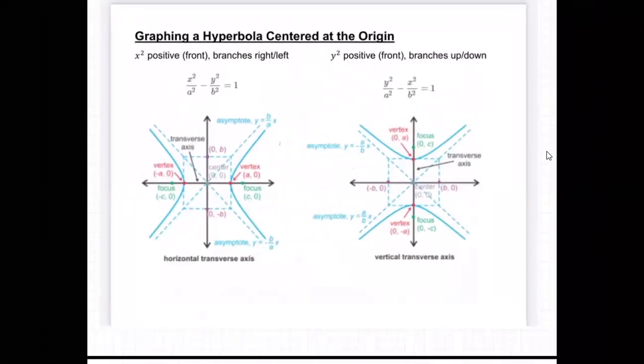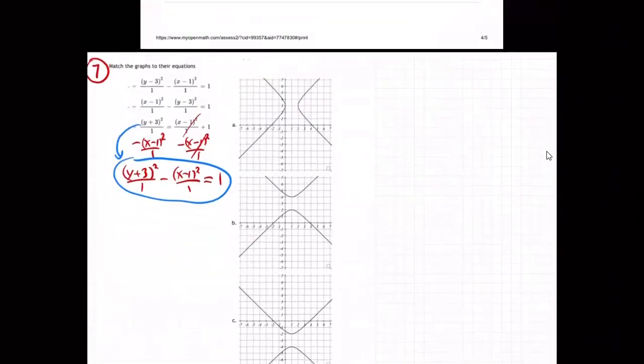First off, let's look at how you graph a hyperbola centered at the origin. I just want to point out if x squared is positive in the front, the branches go right, left because the x-axis goes right, left. If y squared is positive in the front, then the branches go up, down because the y-axis is up, down. Okay, so that's one thing we can do right away.